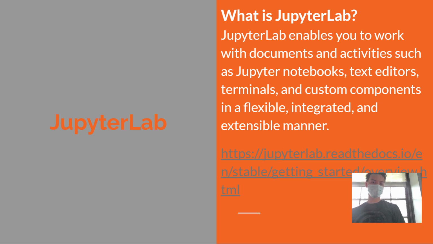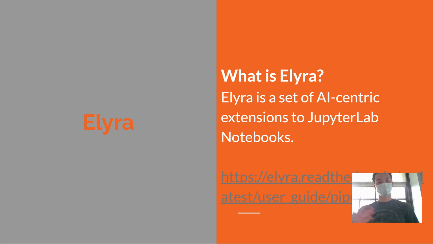Now this is relevant to Jupyter Lab. Jupyter Lab is the environment in which you can work with these notebooks, and it's open source, extensible, and very flexible. This is where Elira actually comes in. Elira is an extension, or a set of extensions, for Jupyter Lab.